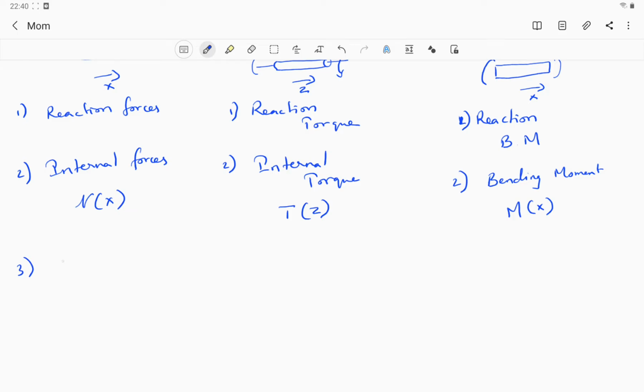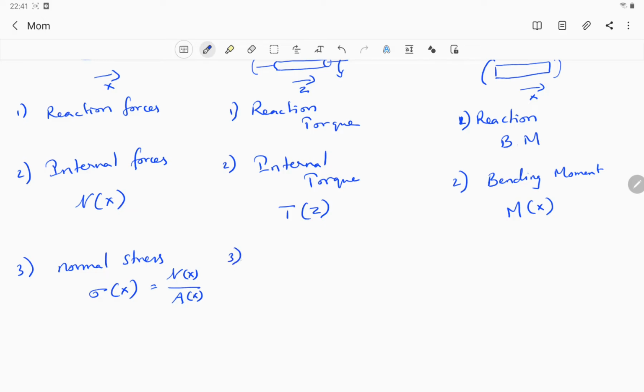So here we will be using axial stress or normal stress, which we are going to denote as sigma of x, which is nothing but N of x by A, that could also be a function of x.